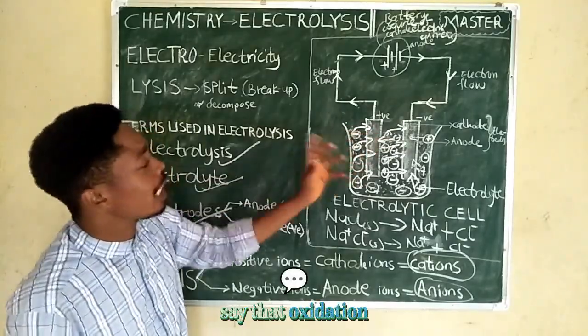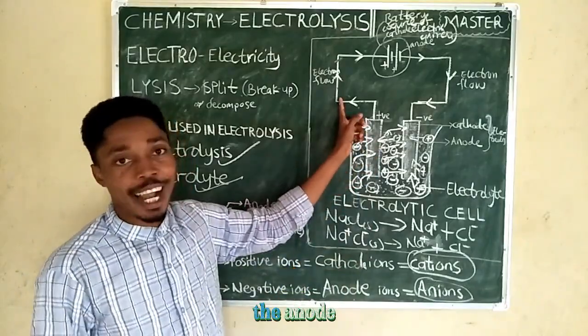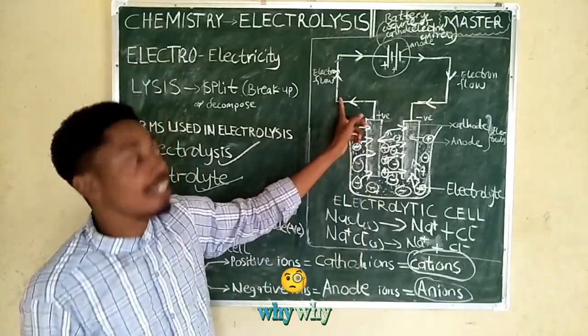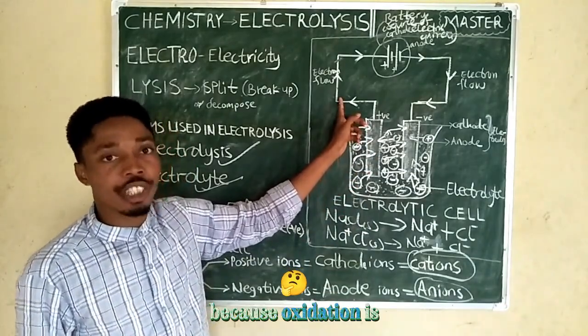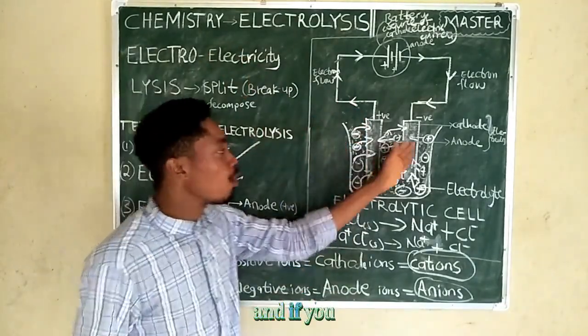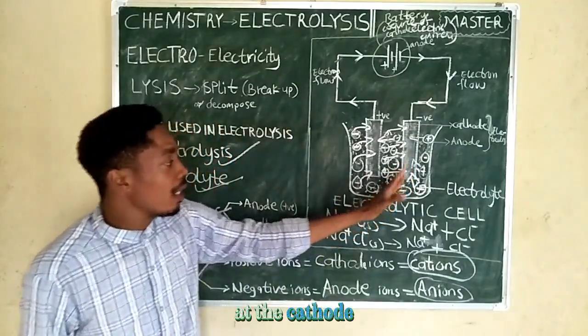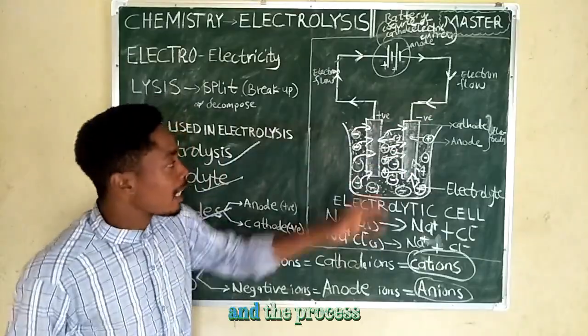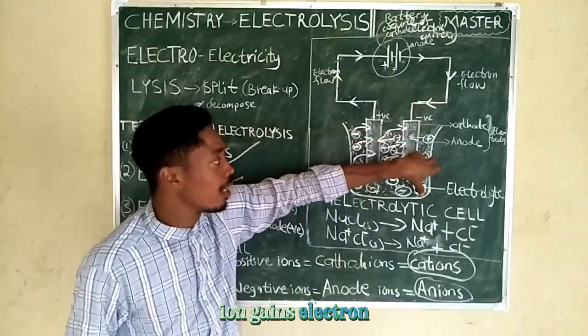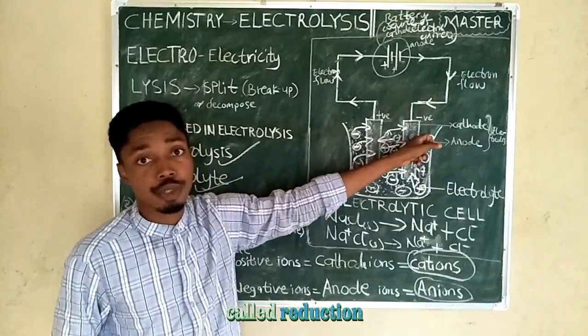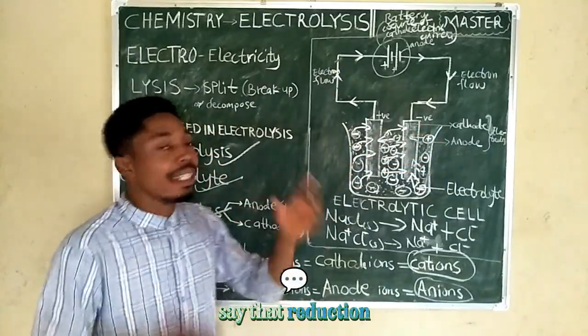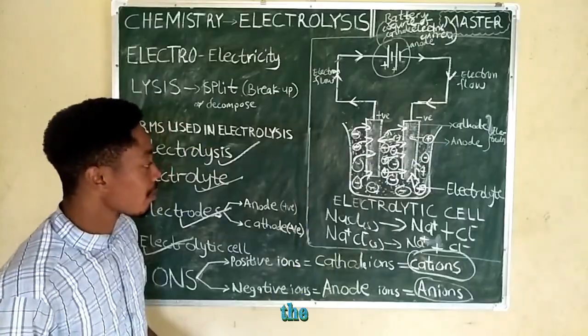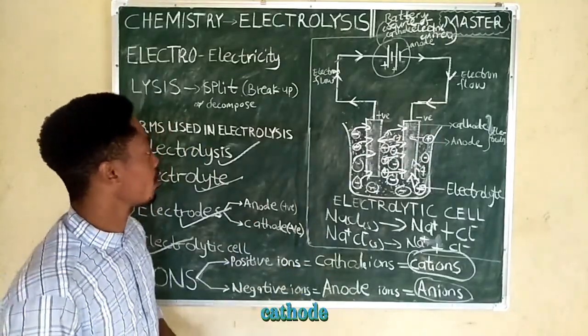So you can say that oxidation takes place at the anode. Why? Because oxidation is the loss of electrons. And if you go to the cathode, the cation gains electron. The process whereby the cation gains electron is called reduction. So you can say that reduction takes place at the cathode.